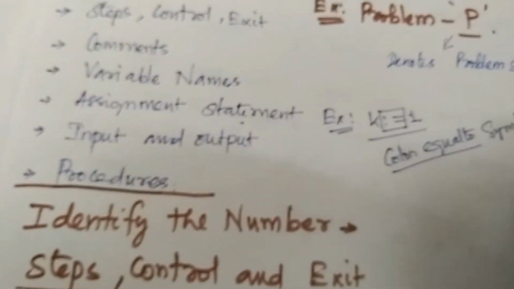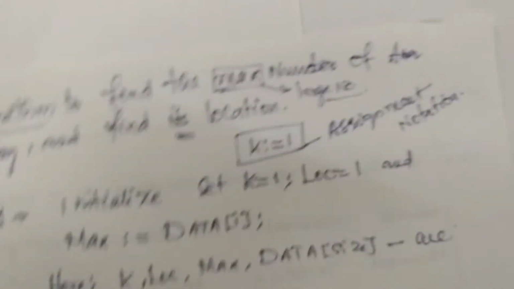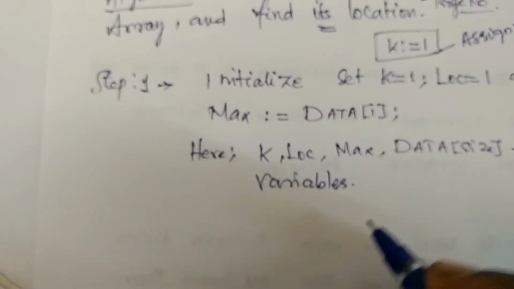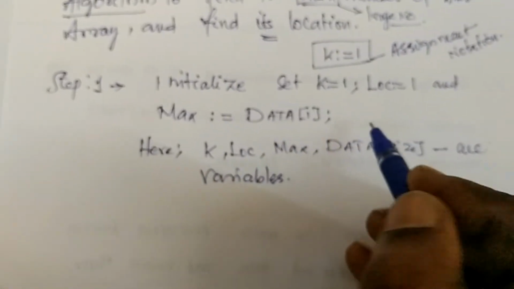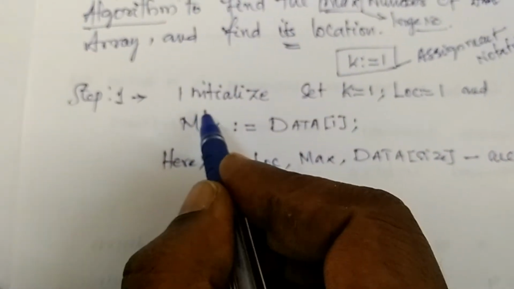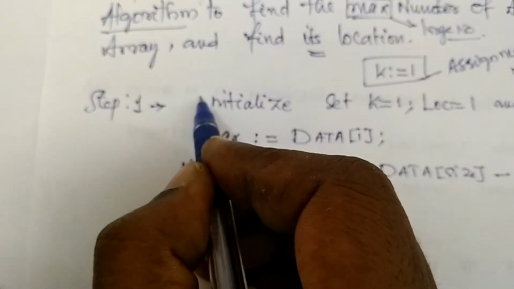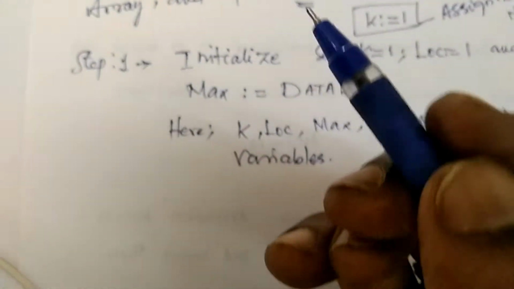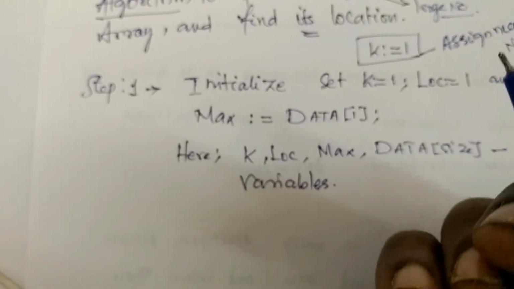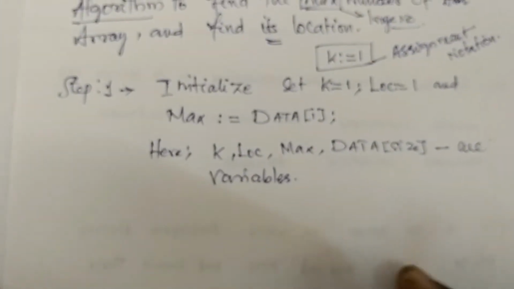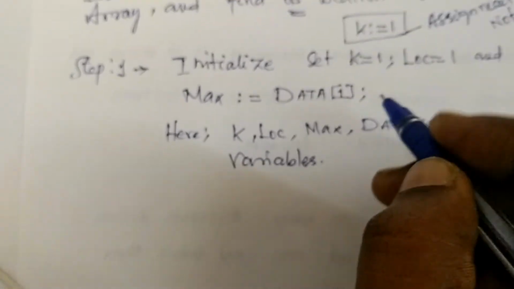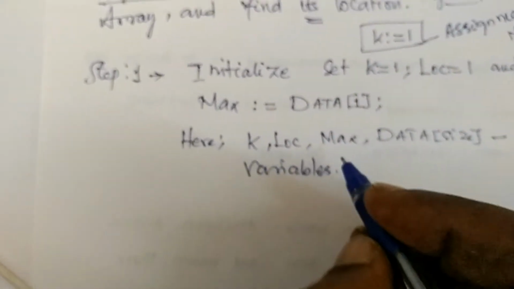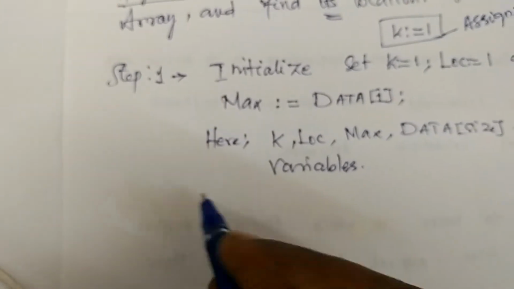Now step number 1 is over. I have initialized the variable K as the index value, location as 1, and MAX as the value of data at position 1. Here K is a counter variable.